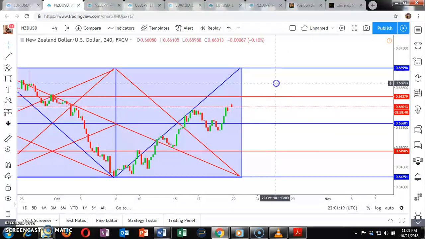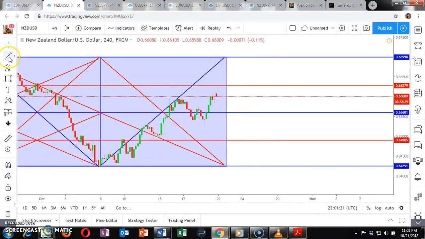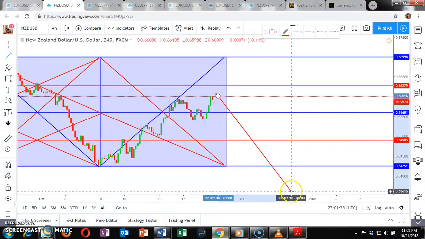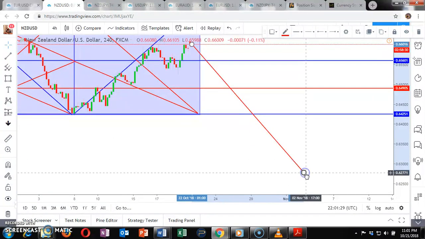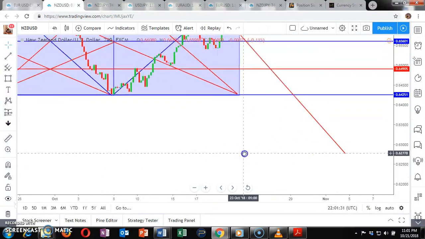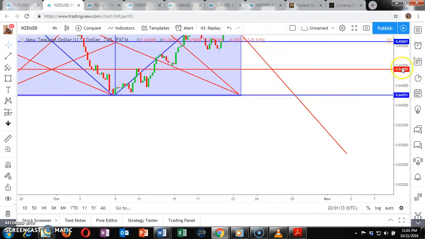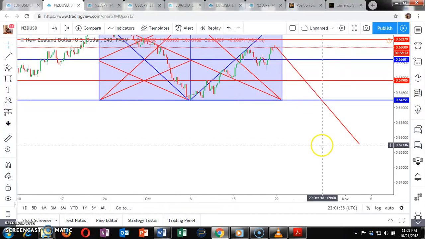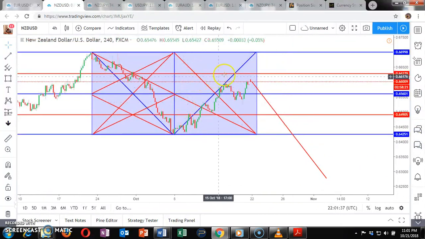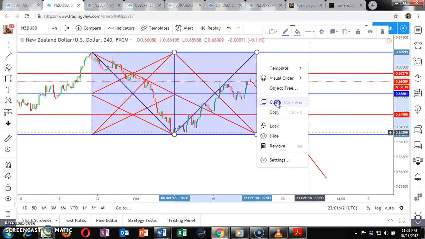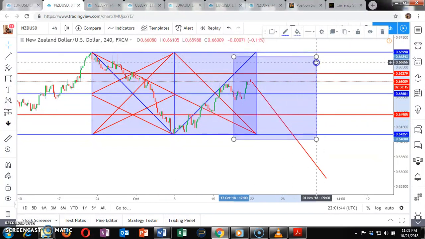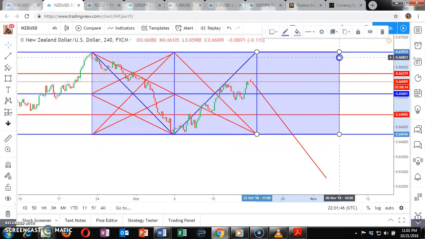Now, let's say market has actually passed all these points, and market is somewhere around here. All you can do is come and clone this rectangle here, move it to this point to cover this area of the market.